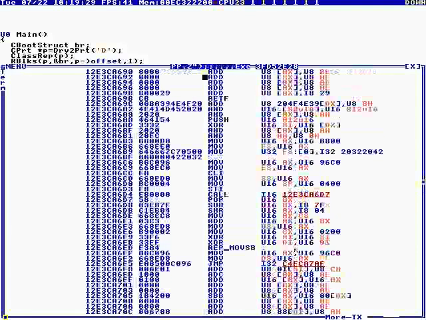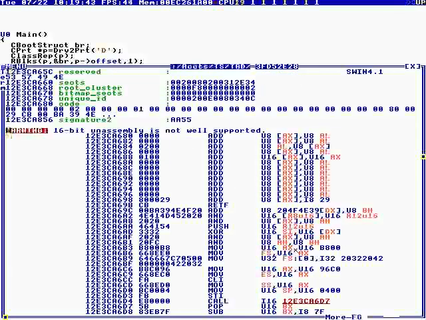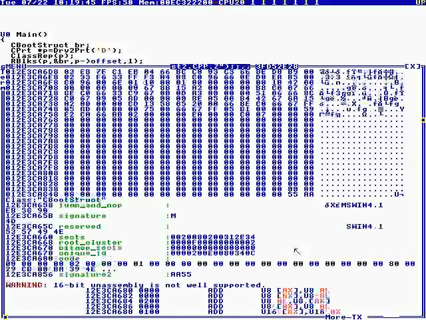I don't know why the offset from this is where it starts right here. B3. Let's see if that agrees with B3.